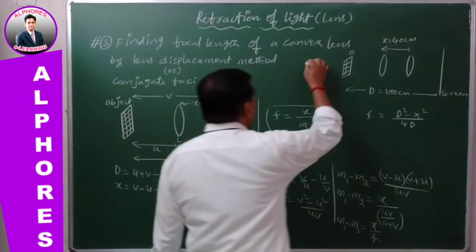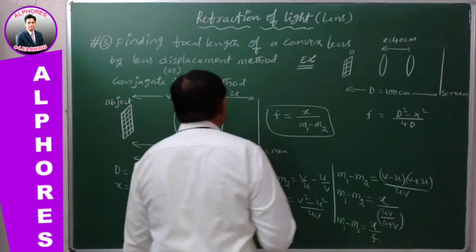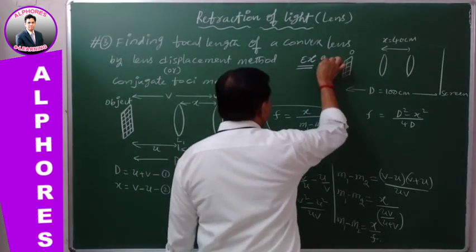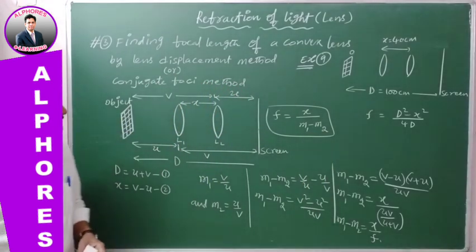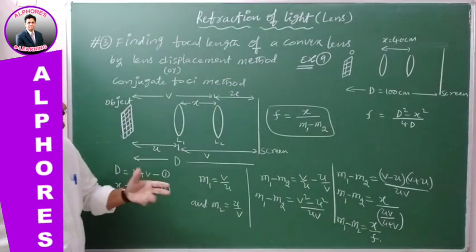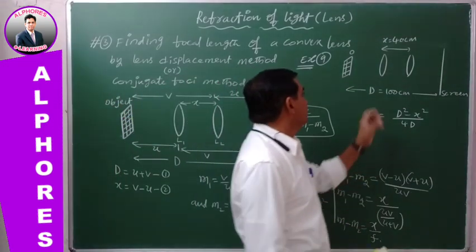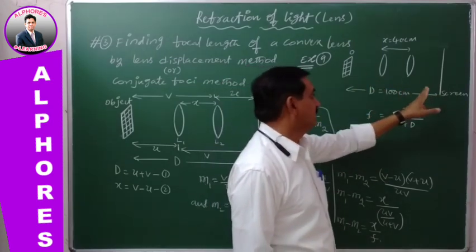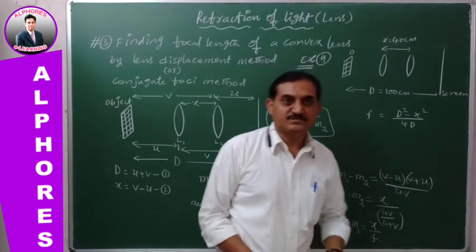Let us go for an example problem. We already finished 8 problems earlier. This is the 9th one, problem number 9. This problem is related to the lens displacement method or conjugate foci method. The object and the screen are kept at a separation of 100 centimeters.